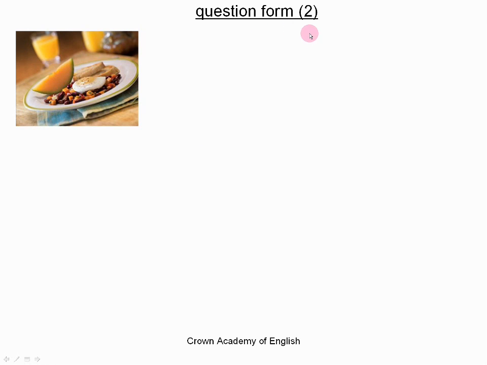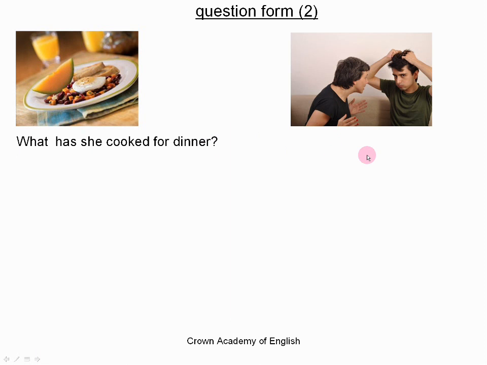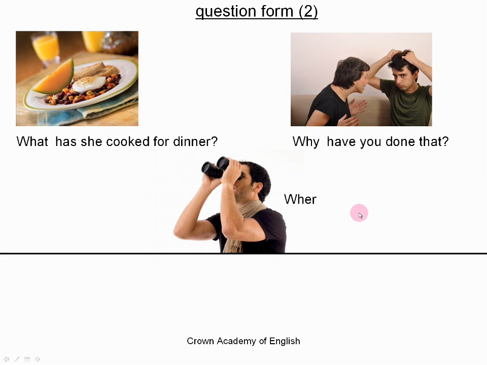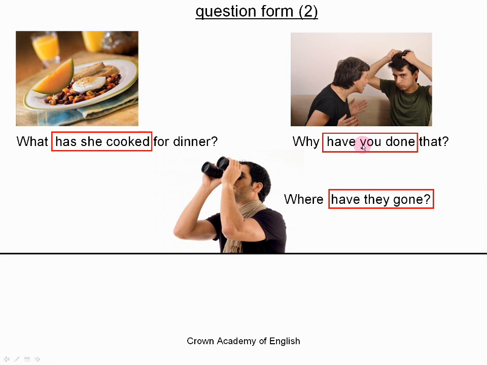Question form, another type of question. What has she cooked for dinner? Why have you done that? Where have they gone? Okay, so in all of these examples, in red, this is the normal form for the question.